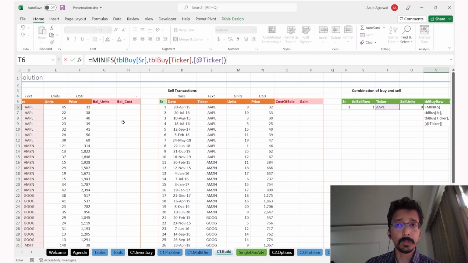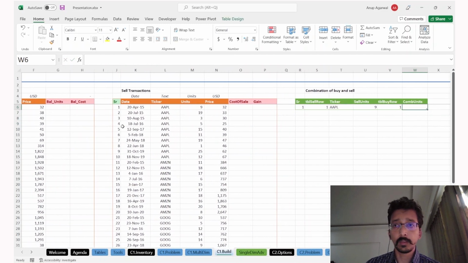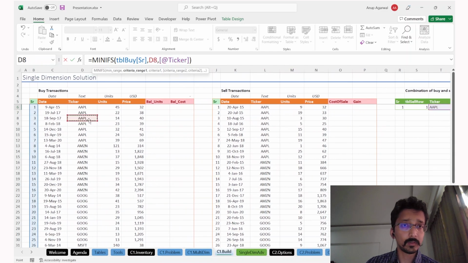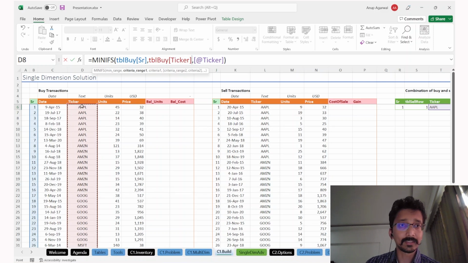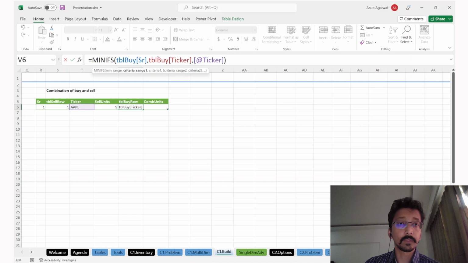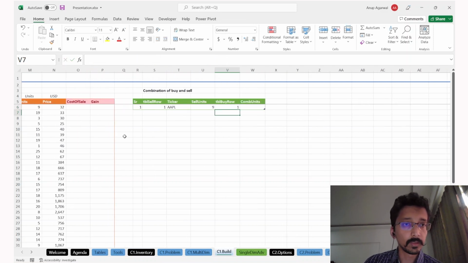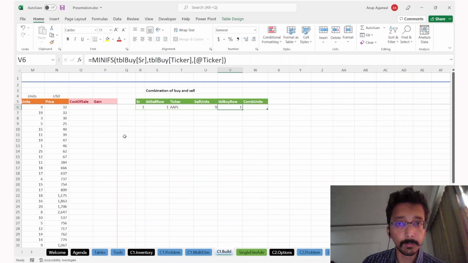Just to remind you, I am pressing a shortcut to select the whole column. I just go to a single cell in that column and press Ctrl Space on my keyboard, and it selects the whole column. So I don't have to type the table by ticker column; that comes by itself. Those are the automated named ranges. Okay, so this is the table by row.